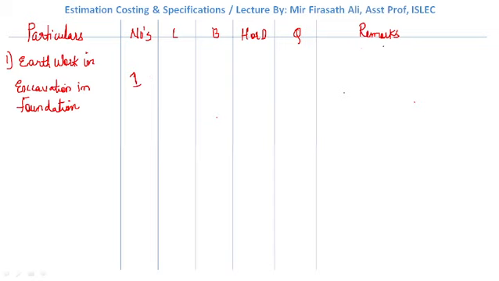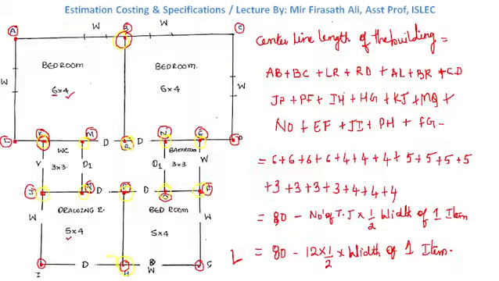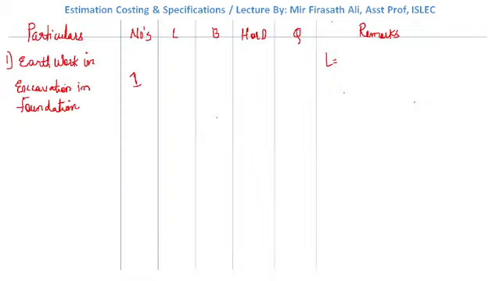Okay. What is the formula for length? Length is equal to the total center line length, 80 minus 12 into 1 by 2 into width. Here which width are we talking about?